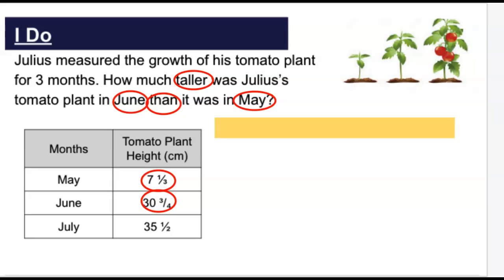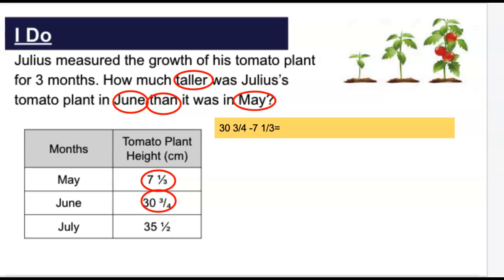So I'm going to write my problem vertically so that I can have my equation, which would be 30 3/4 minus 7 1/3 equals my unknown.